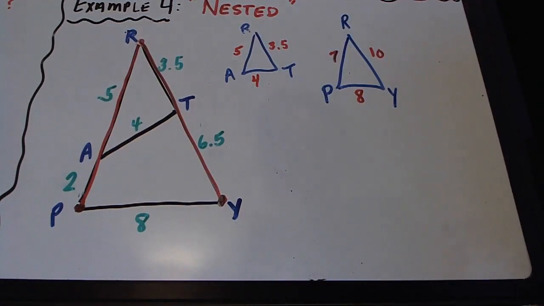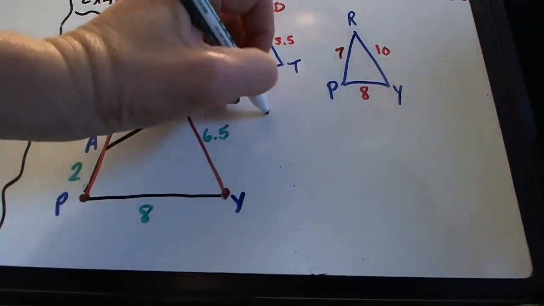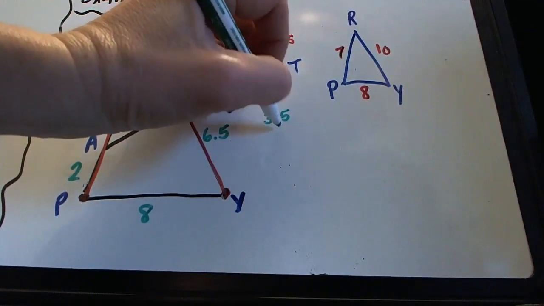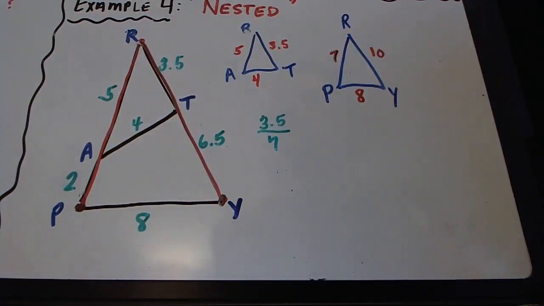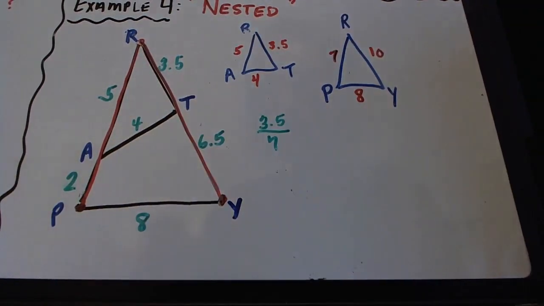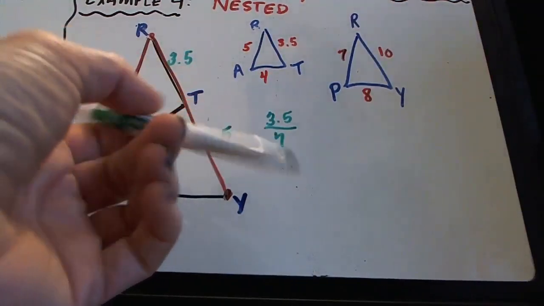Okay, so I have to now check to see if I can use these 3 sets of sides to prove similarity. So again, we're going small side to small side. So if I go small side to small side, this triangle I'm doing 3.5 is to 7. Oh, that looks nice, because I know if I double 3.5, that's going to give me 7.